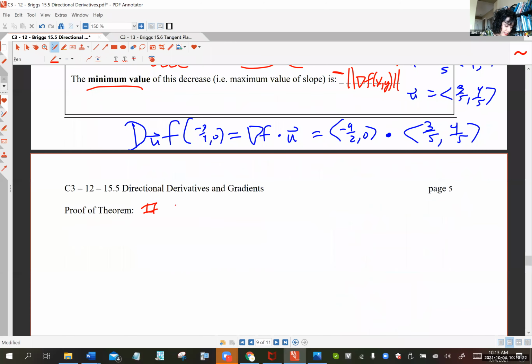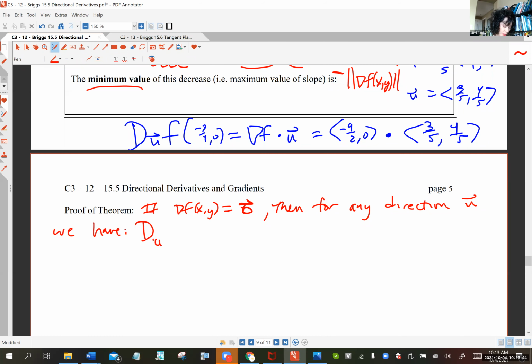So if del f(x, y) equals the zero vector, and I'm putting a little vector notation on top of the number zero so it doesn't look like the scalar zero, then for any direction u, where u is a unit vector, we have the big D, that's the notation for directional derivative, in the direction of u, of f(x, y), which we all know from last time is simply the dot product of the gradient with the direction vector u.